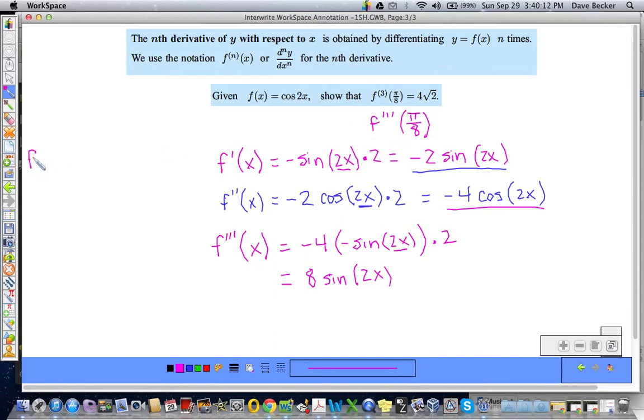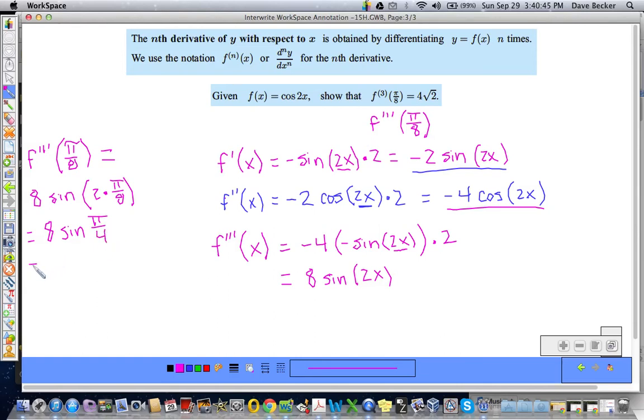So f triple prime of pi over 8 is going to be equal to, and all I do is I replace x with pi over 8 in my third derivative here. So that's going to be 8 times the sine of 2 times pi over 8, which equals 8 sine of 2 pi over 8, which is pi over 4.